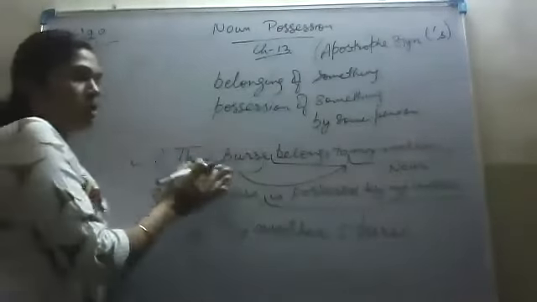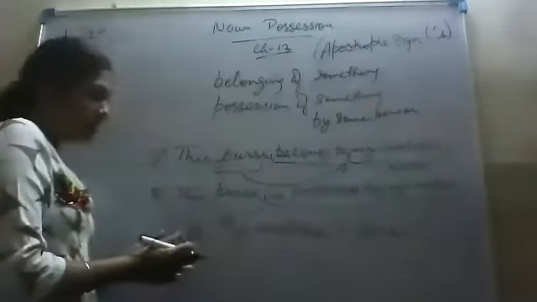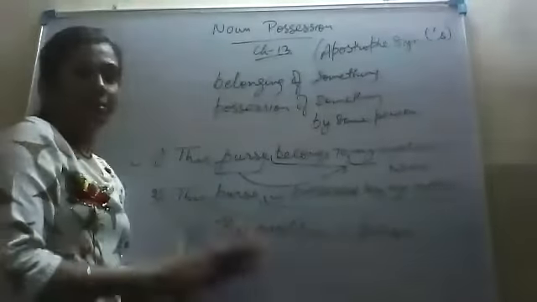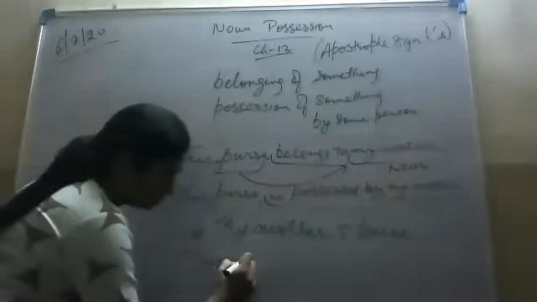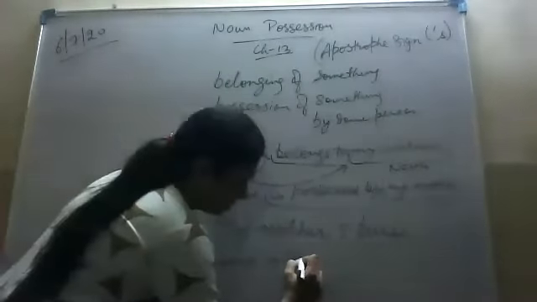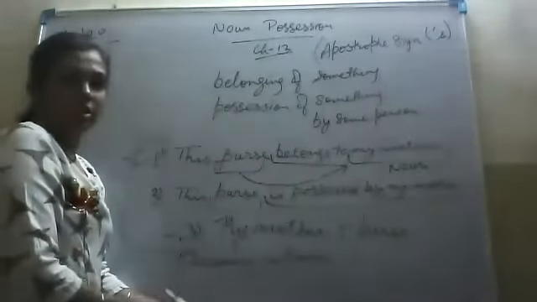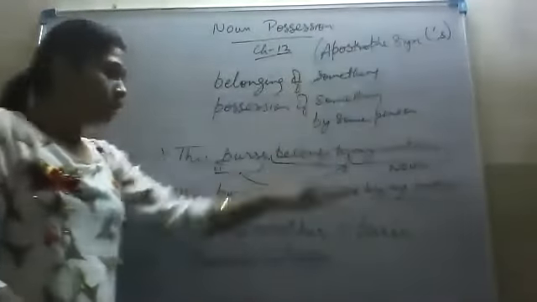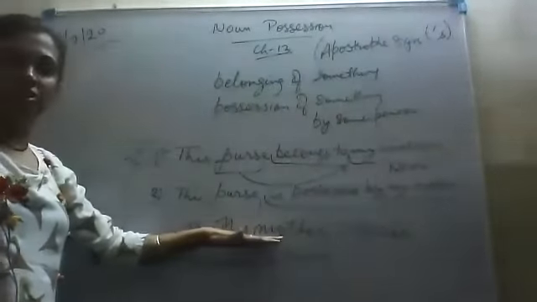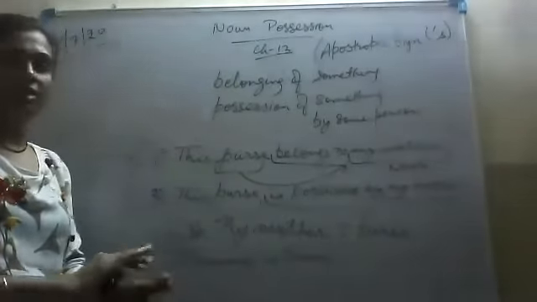So this and this mean the same. This purse belongs to my mother, and my mother's purse. The meaning is the same in both sentences. The difference is that we have used an apostrophe sign to express this possession. That's it. Otherwise, there's not much difference.